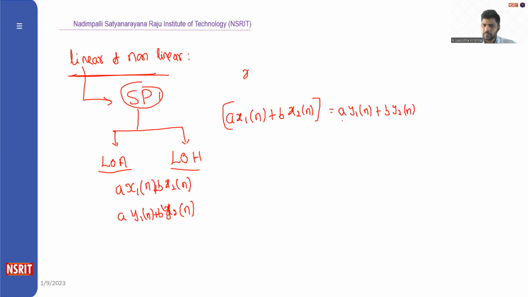Means whatever constants are multiplied at the input, the same thing will be reflected at the output. If any system follows this, it is called linear. If it is not followed, it is called non-linear.